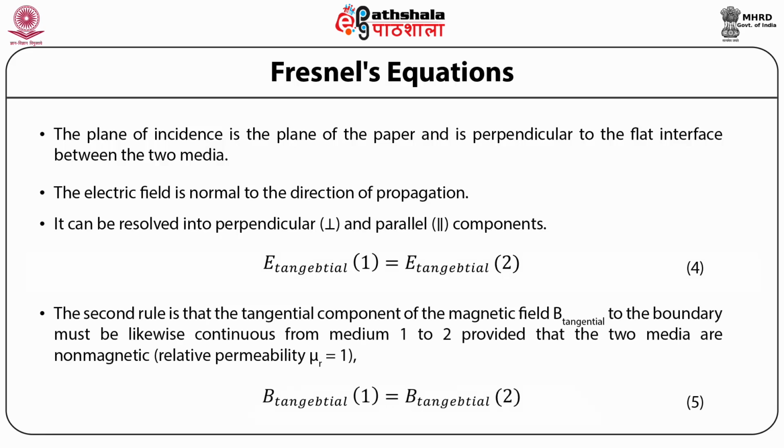The second rule is that the tangential component of the magnetic field, B tangential, to the boundary must be likewise continuous from medium 1 to 2, provided that the two media are non-magnetic. So relative permeability mu r is equal to 1, and B tangential of the first medium is equal to B tangential of the second medium.